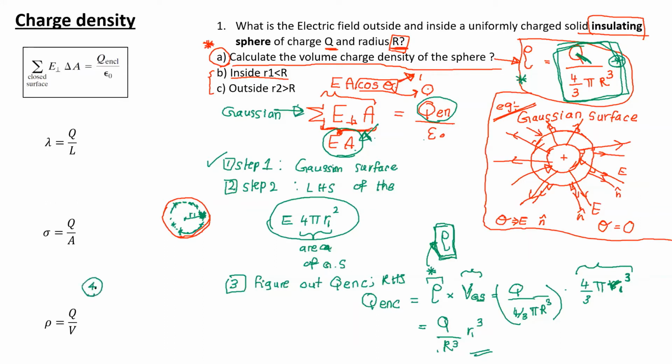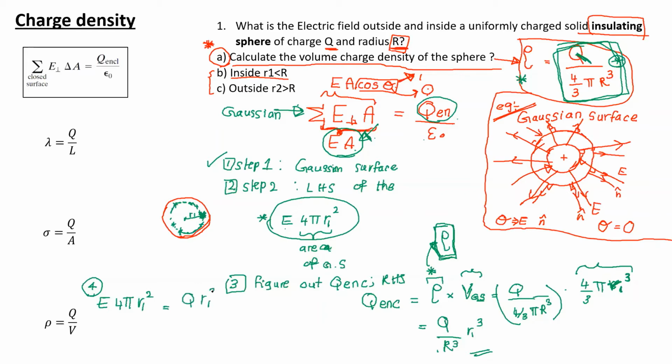So in step 4, we write the whole equation. My left hand side is E times 4 pi R1 squared. Okay, this one. It is equal to Q enclosed. We just found it.